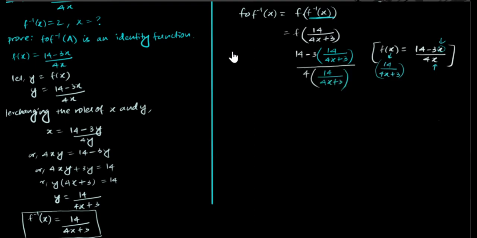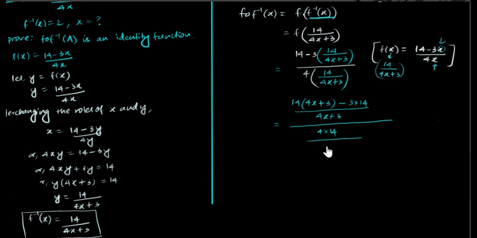Now we can do the basic simplification. It will be 14 times 4x plus 3, minus 3 times 14 divided by 4x plus 3, whole upon 4 times 14 by 4x plus 3.